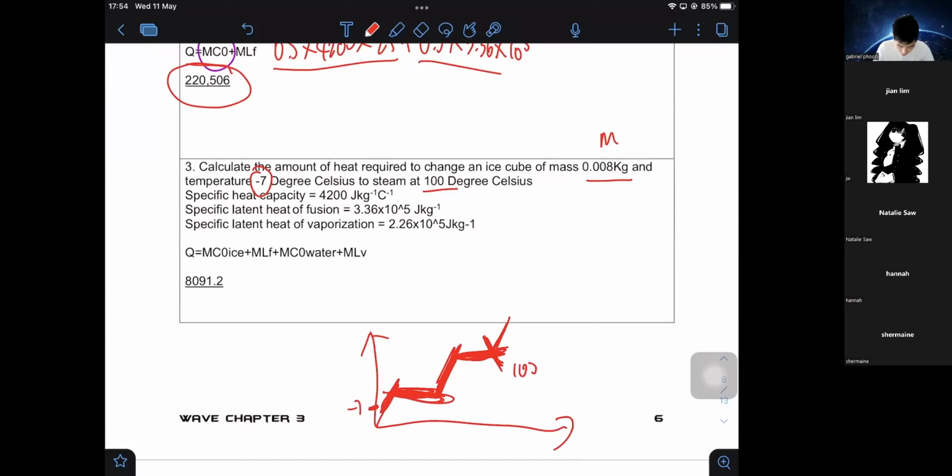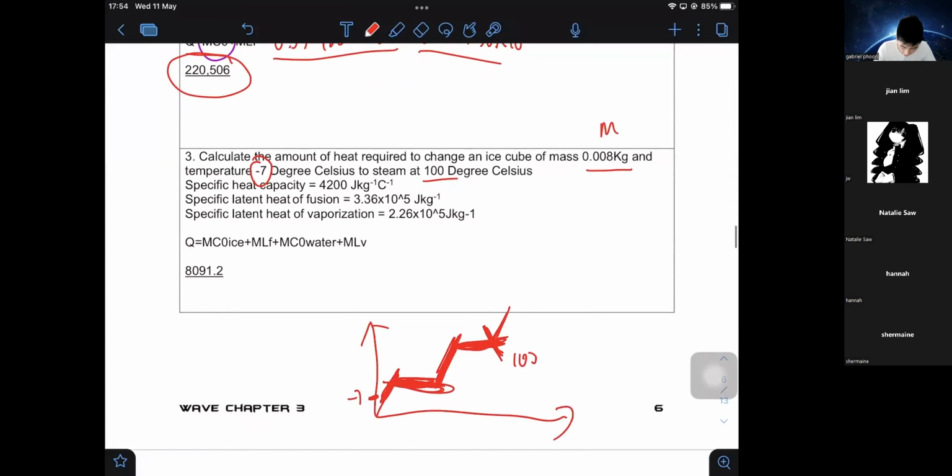So Q equals MCθ will be 0.08 times 4,200. You can actually straight away times with 107, because at the end of the day these two will be the same thing. It's just one that is times 100, one that is times 7. It doesn't really matter; if you did both, it's still fine.